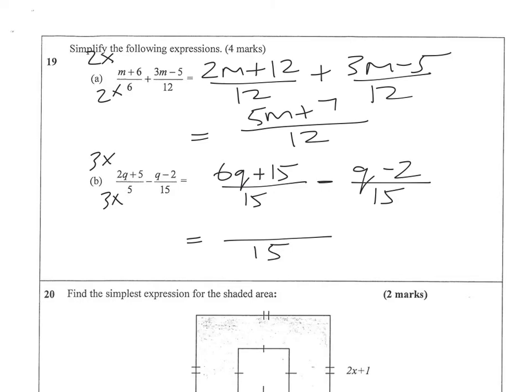Now, like terms, 6q take away q will get us 5q, and 15 take away minus 2, negative and negative is a positive, so it's 15 plus 2, which gets us 17.